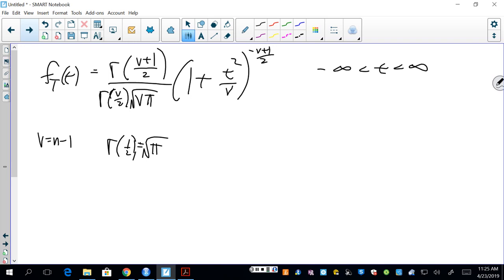First of all, it's symmetric. So t squared, you go plus 1 or minus 1, you square it, you get the same value. So this thing is symmetric about 0.